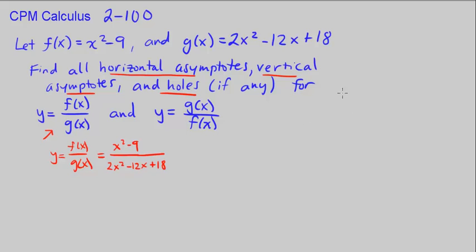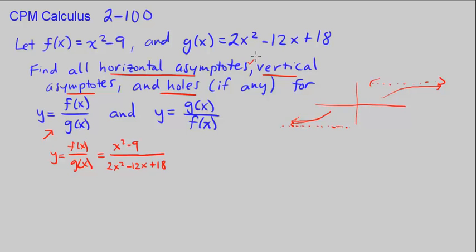So first of all, in a graph, we have a horizontal asymptote if, as x approaches infinity or negative infinity, we get closer and closer to some horizontal line, but never cross it.